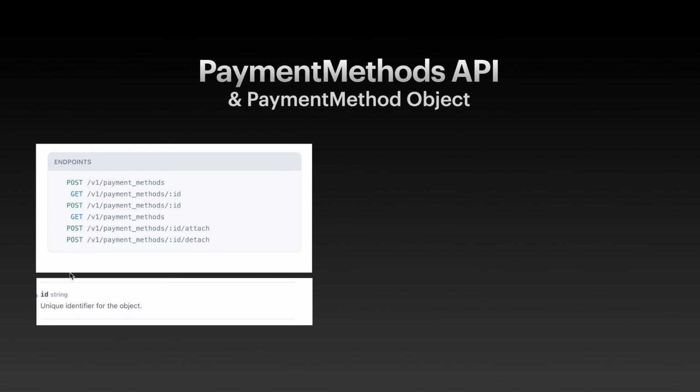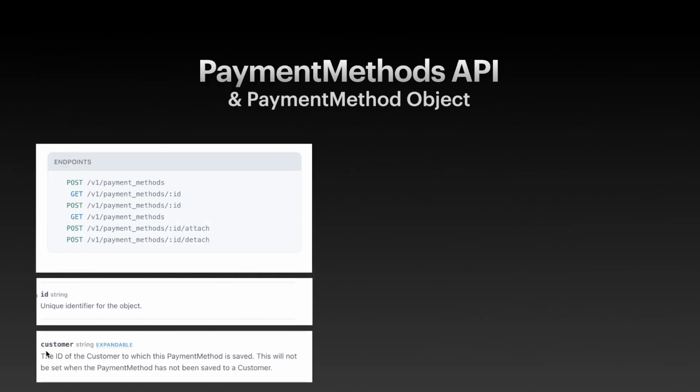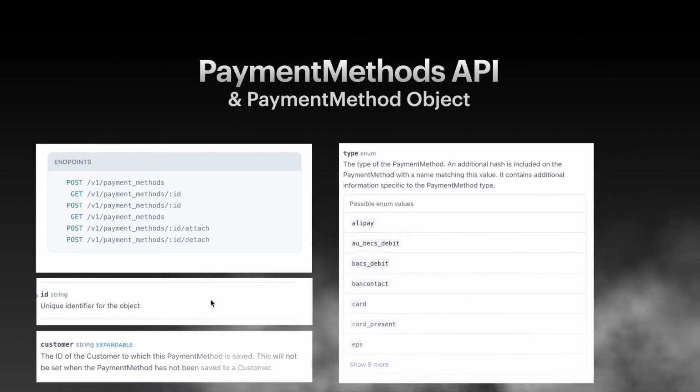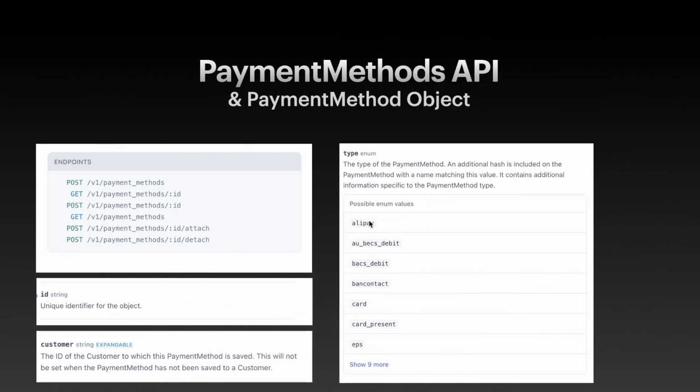A payment method can and must be attached to a customer, so you can be organized and check on the Stripe website which customer has which payment methods. The payment methods vary: there's Alipay, cards, and a lot more.